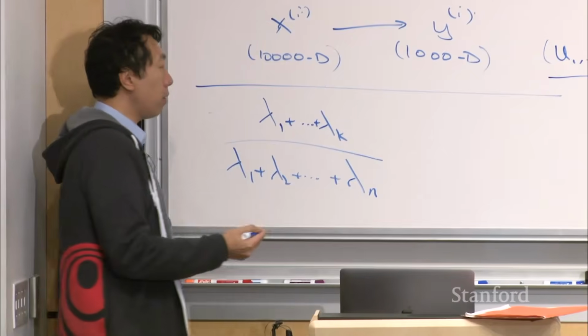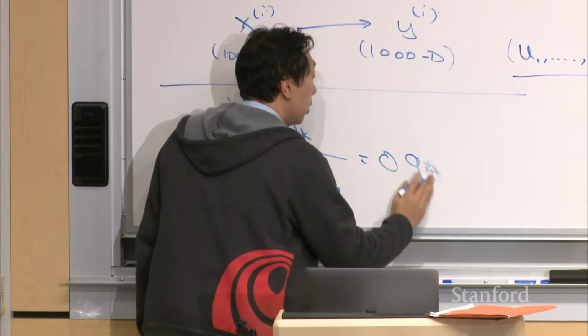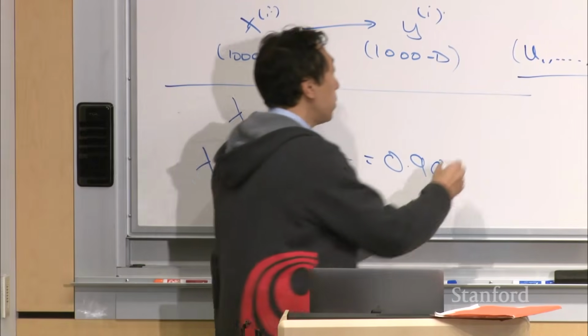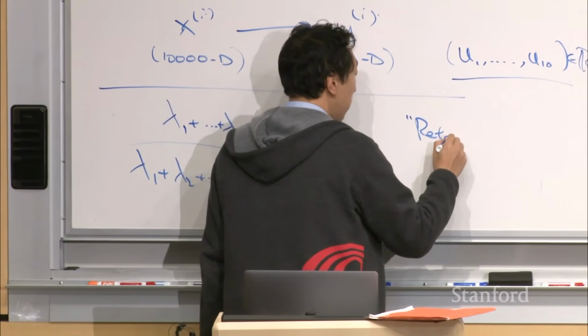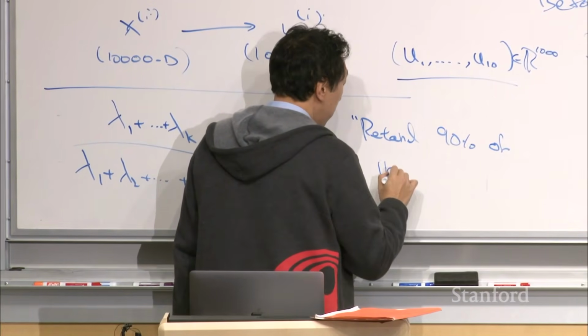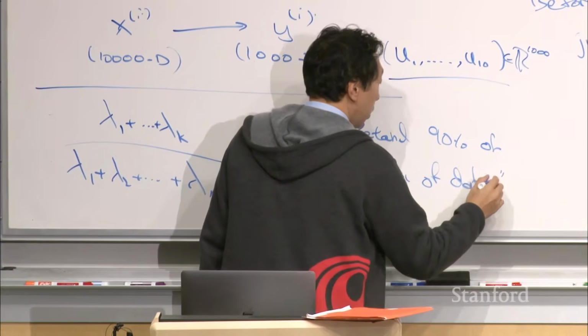And if this is, let's say, 0.9, then sometimes you see people say that this retained 90% of the variance of the data.